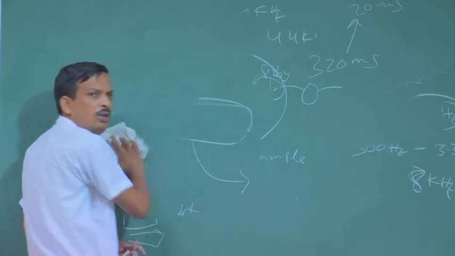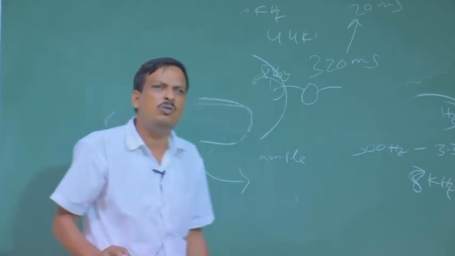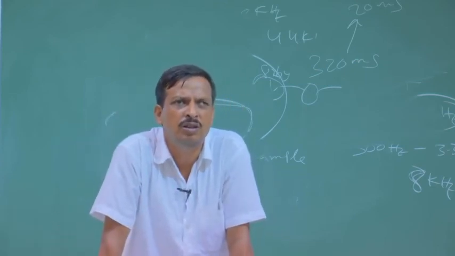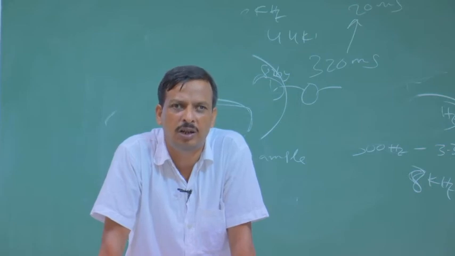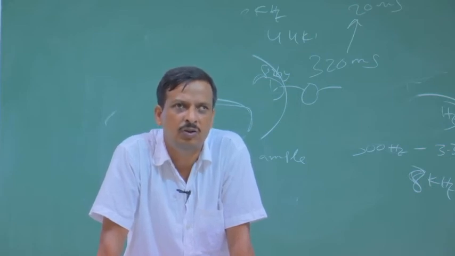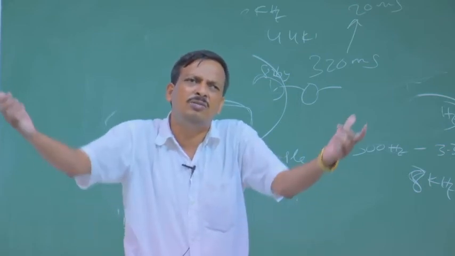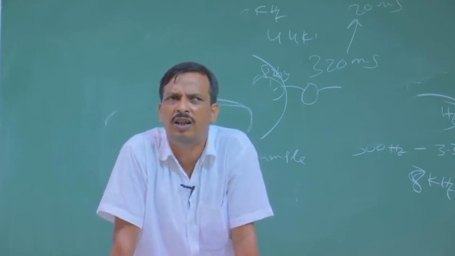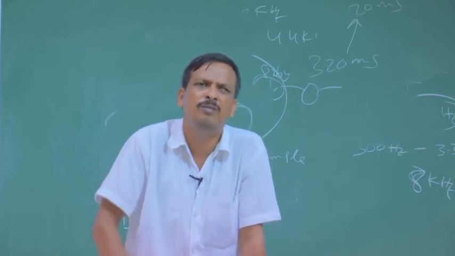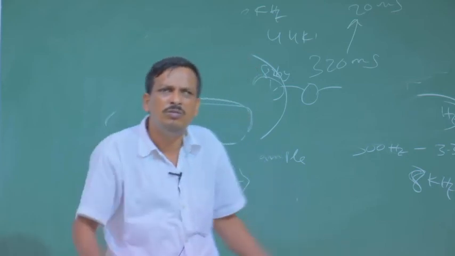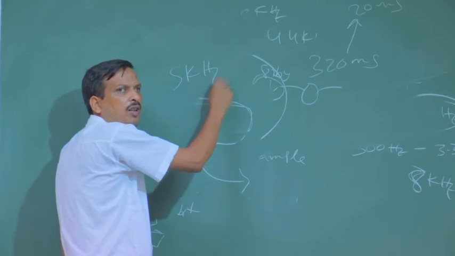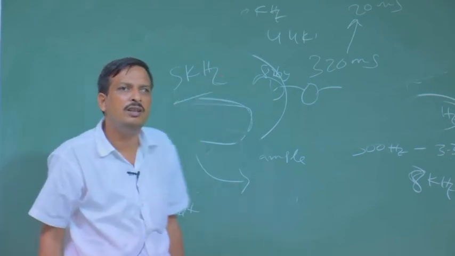Then I should not use a very high-end microphone whose frequency response is 20 kilohertz, because my signal is 4 kilohertz band limited. I can use a microphone with sensitivity up to 10 kilohertz, which is very good for recording telephone bandwidth. Even a 5 kilohertz microphone is sufficient for recording the telephone channel signal.